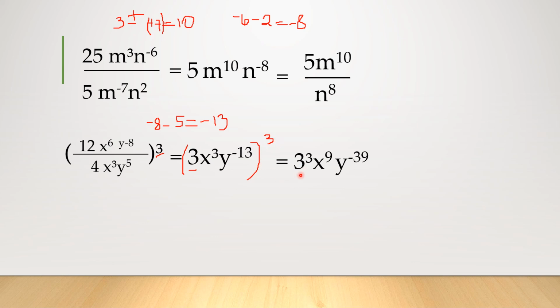So ngayon, pwede nyo i-simplify ito. 3 times 3, 9 times 3, that is 27, then x to the 9th power. So, anong gagawin ngayon dito? Kasi ito ay negative. So, simply, ilalagay lang siya natin sa denominator, maging y raised to the 39th power.